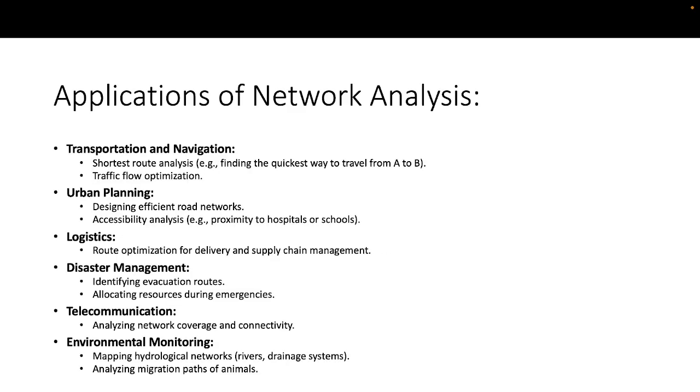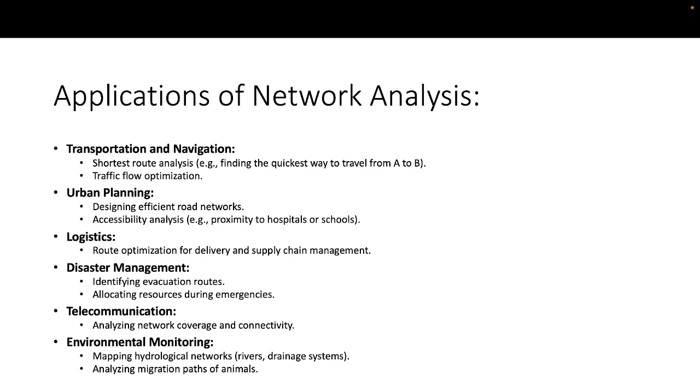There are a lot of applications here. So here I mentioned some applications of network analysis, such as transportation and navigation. In transportation and navigation we use network analysis such as shortest route analysis, finding the quickest way to travel from point A to point B. We also use it in urban planning, mainly designing efficient road networks and accessibility analysis, such as proximity to hospitals or schools.